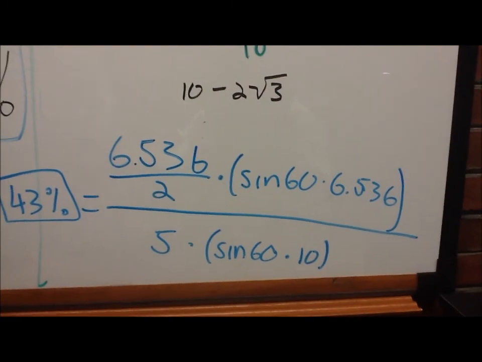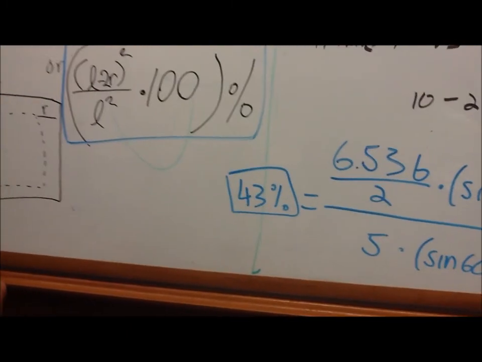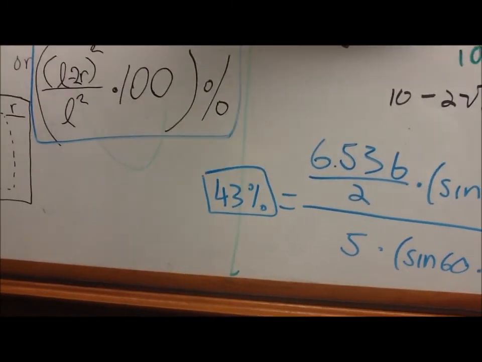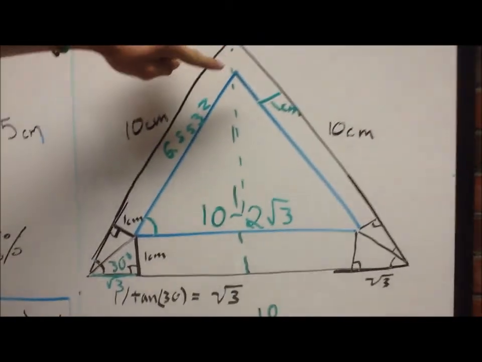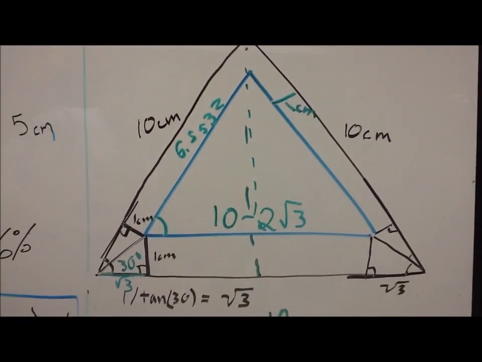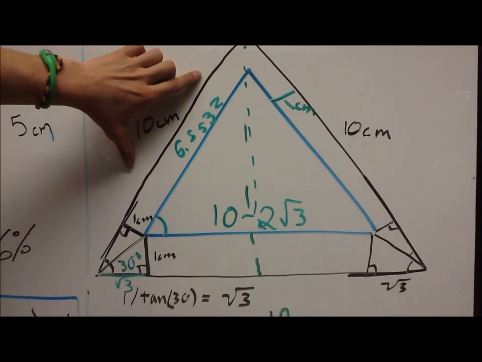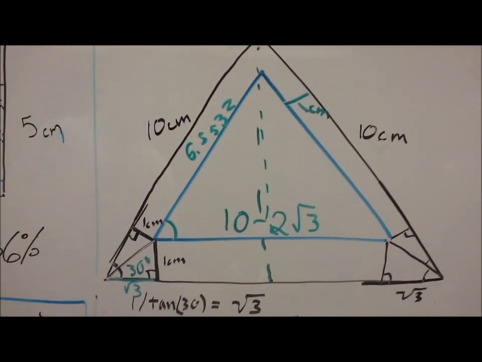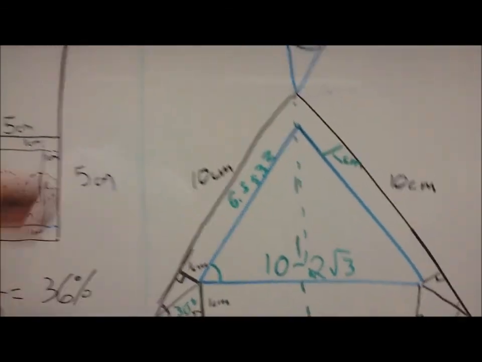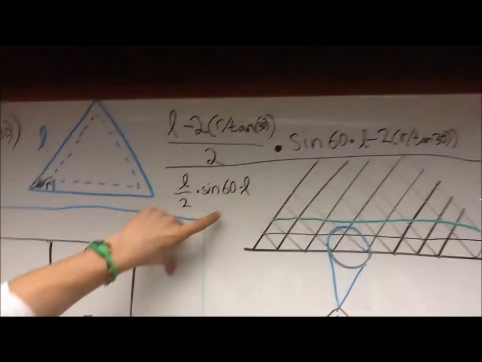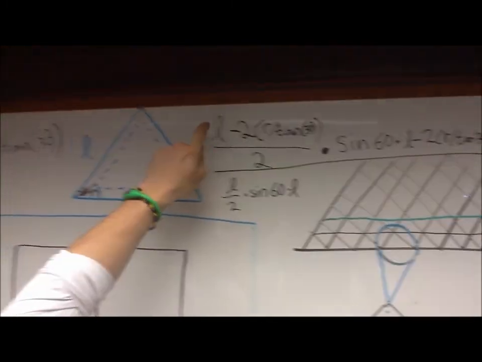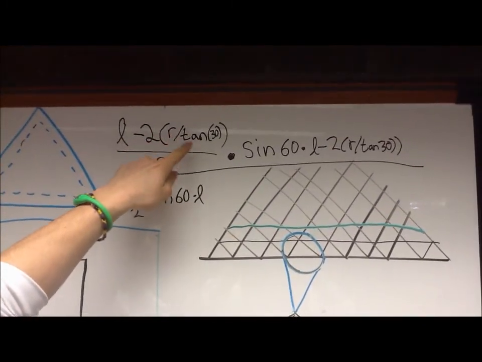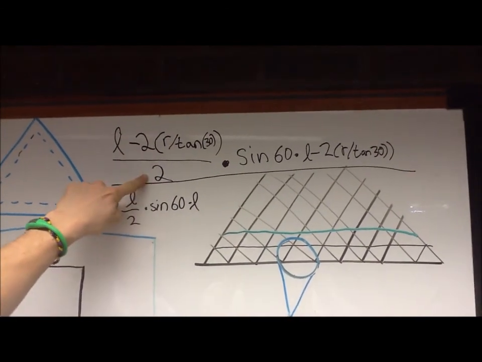And that's the probability that the center will land within this triangle, and therefore that the whole coin will be within the larger triangle. And if you were going to write an expression for this, it would just be (L minus 2R over tan 30) divided by 2.